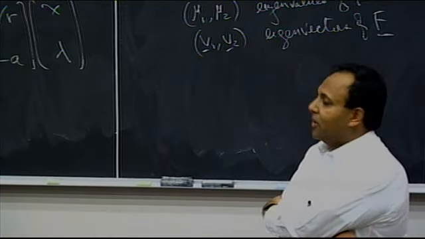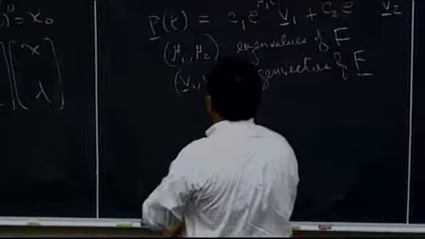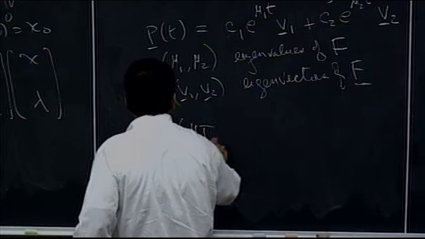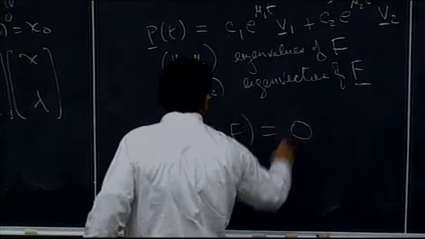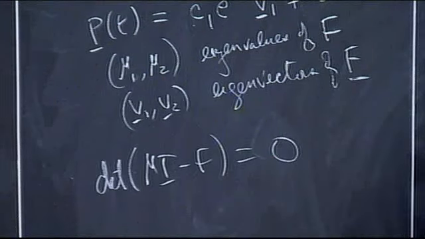Solve the characteristic equation. Okay, now we're getting somewhere. What do I need to do? I need to set the determinant of mu I minus F equal to 0, right? What is the determinant of mu I minus F in this particular case?